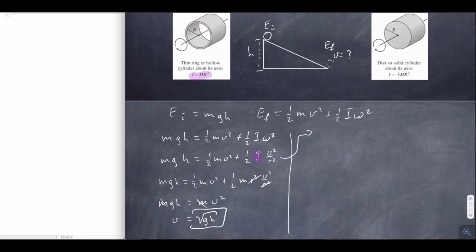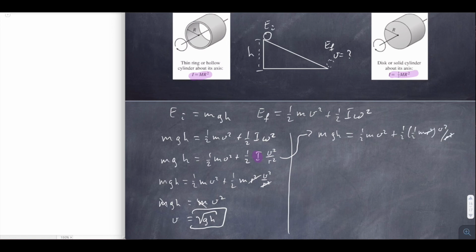Okay, so now we do the solid cylinder, which is 1/2 mr squared. We get mgh equals 1/2 mv squared plus 1/2 times 1/2 mr squared v squared over r squared.